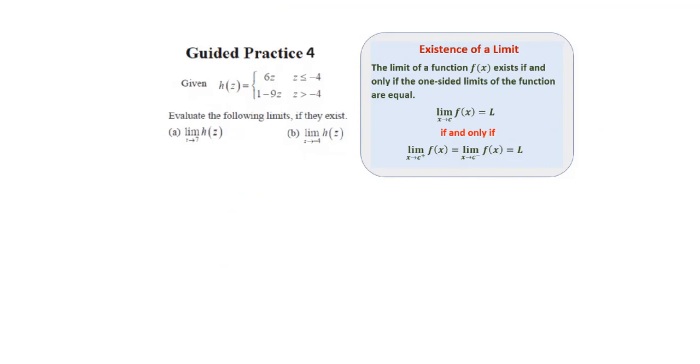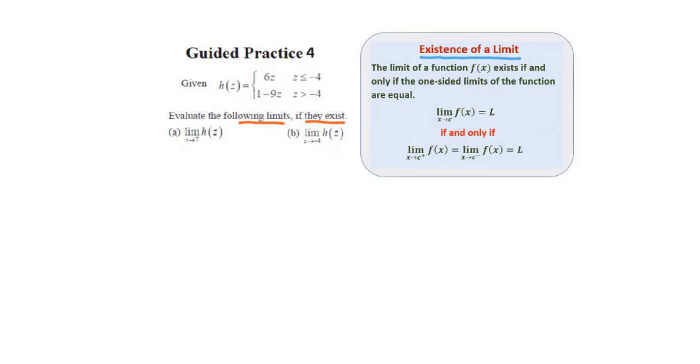Now let's go to guided practice 4. You are given a piecewise function. Then evaluate the limits if they exist. First of all, here's the rule for existence of a limit.